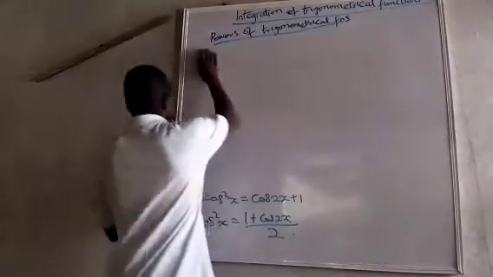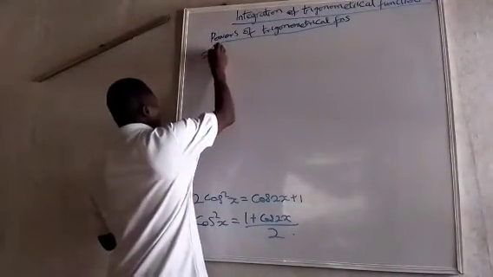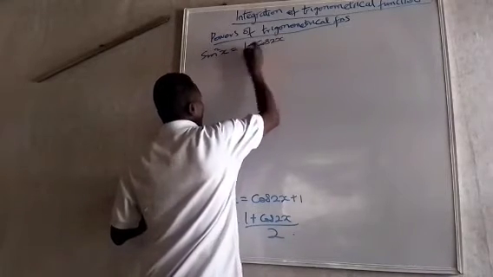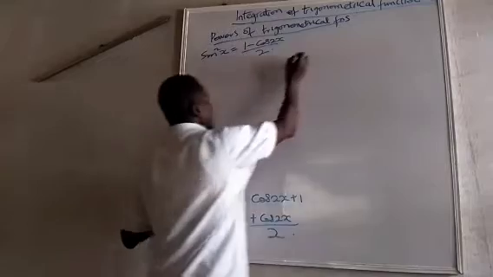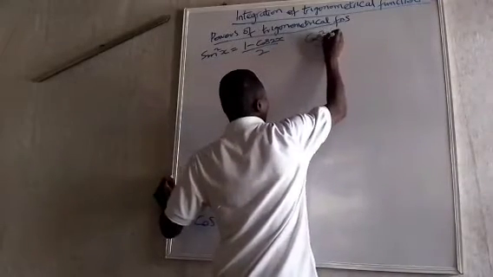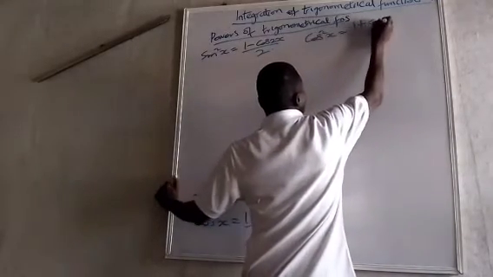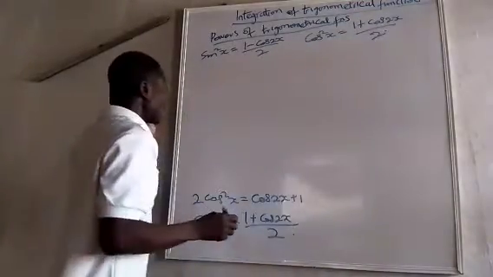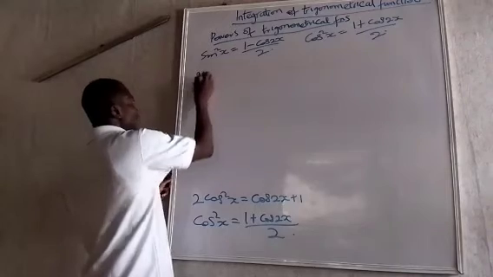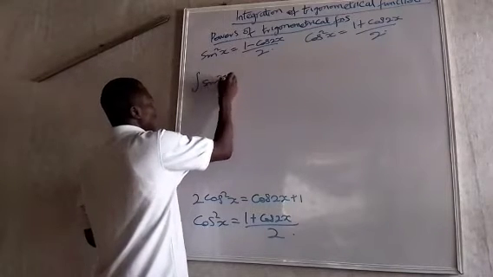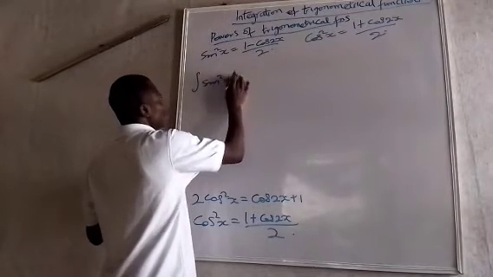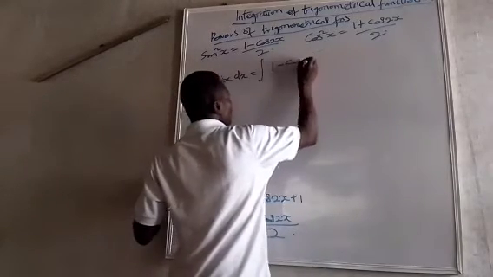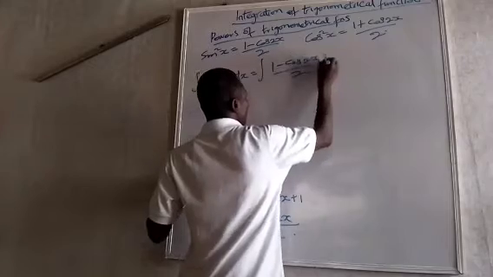Now we have established that sine square x is equal to 1 minus cos 2x over 2, and cos square x is equal to 1 plus cos 2x over 2. Now, if I want to integrate, I have got two better expressions to replace it. So the integral of sine square x dx is equal to the integral of 1 minus cos 2x over 2 dx.